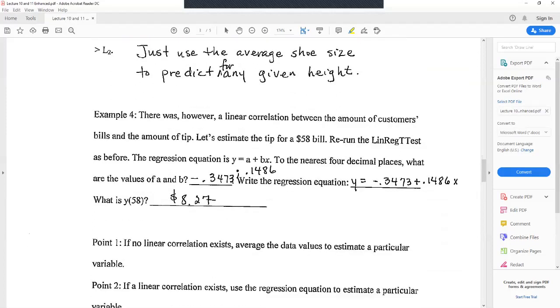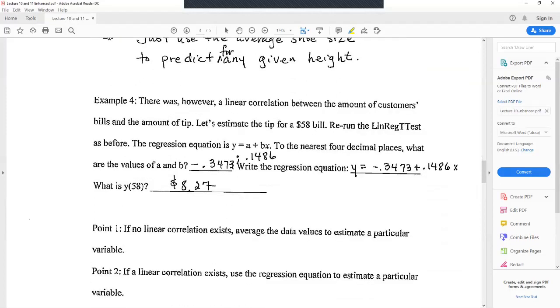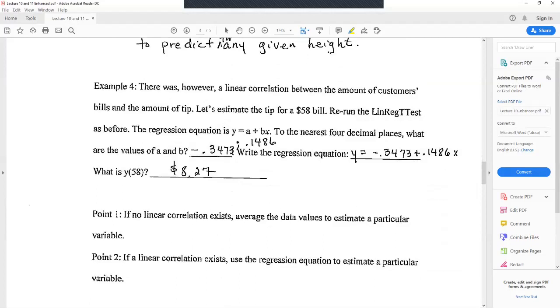Example 4. Now example 4 refers back to example 2. Remember in example 2, we did find a linear correlation between the customer's bills and the amount of tip that they left. Since we trust this model, we are going to actually use the regression equation to predict.